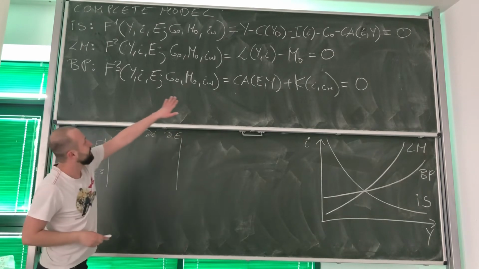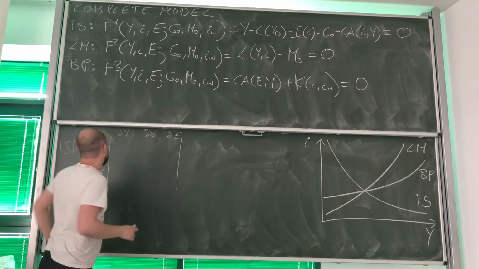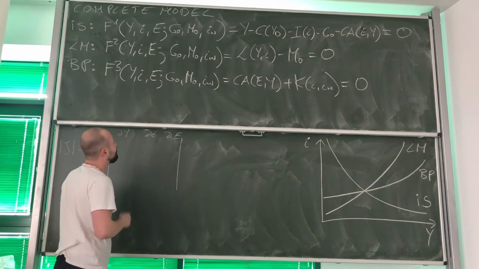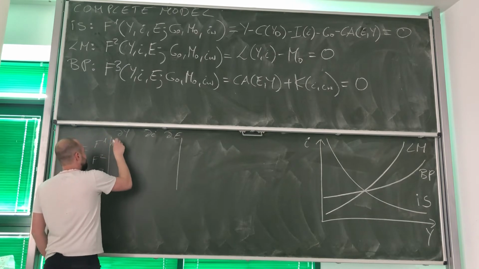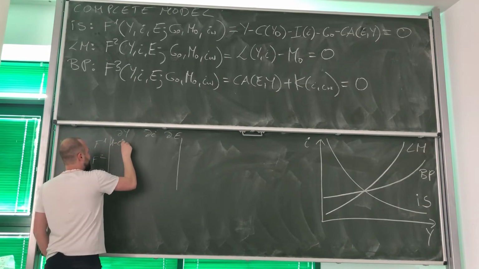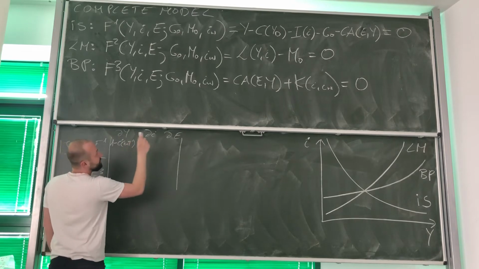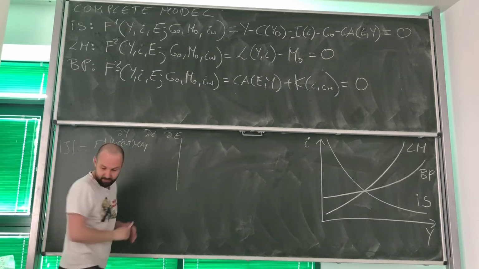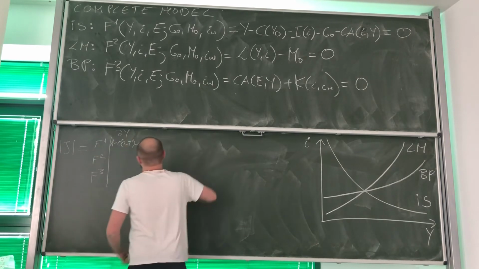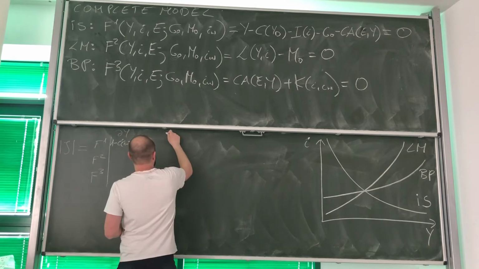So let's go. Out of the first one, if I differentiate with respect to income, I'm going to get 1 minus C prime (1 minus T prime) minus CA_Y. Okay, I'm going to make it bigger.